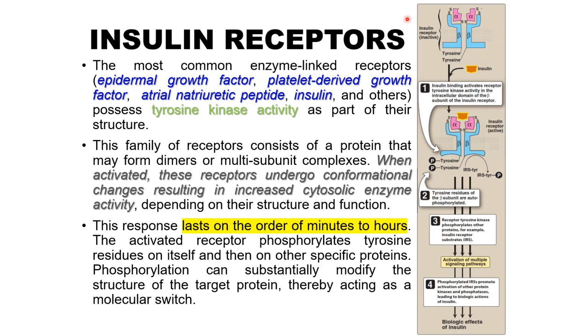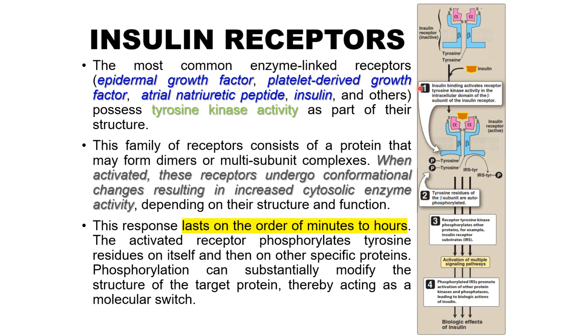By binding of the insulin to the cell membrane receptor, this is a cell membrane receptor which is inactive, but upon binding it will lead to activation of tyrosine kinase enzyme, and the activation of tyrosine kinase enzyme will lead to activation of multiple signaling pathways, as we mentioned, that lead to intracellular movement of glucose from the blood into the different tissues such as skeletal muscles and other organs, so that it will reduce the blood sugar.